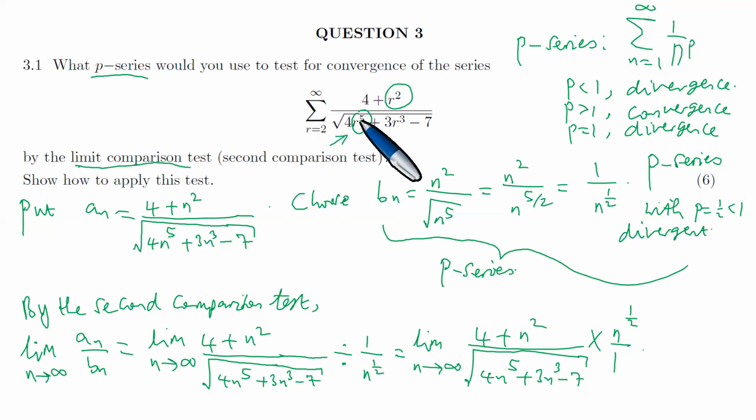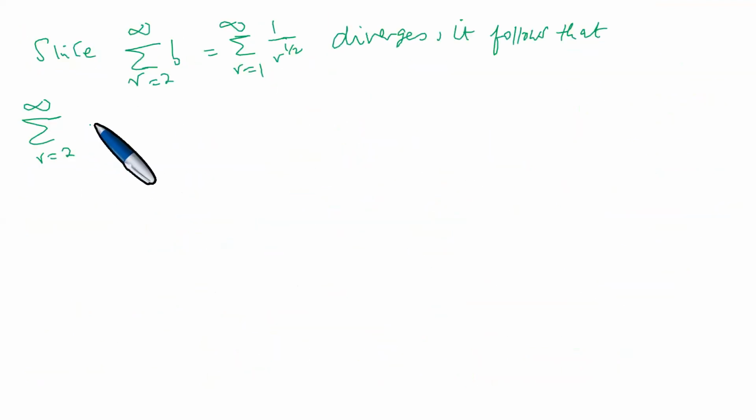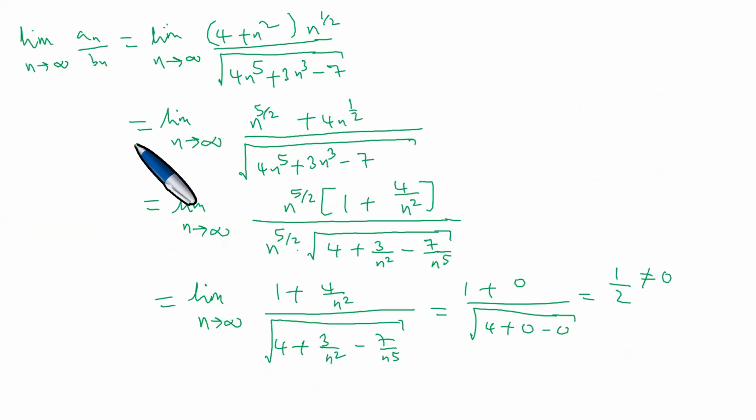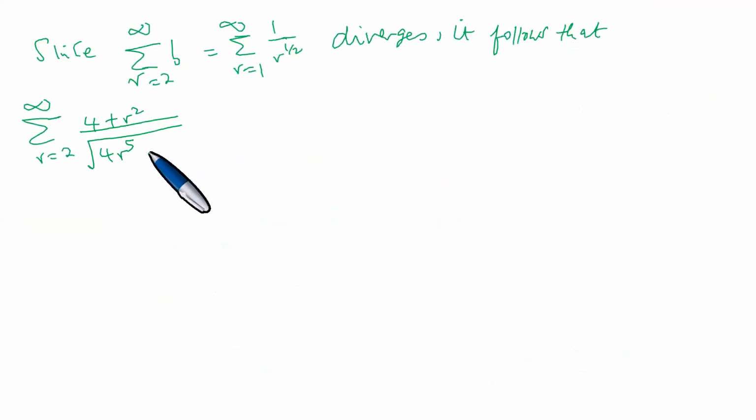Just copy this one, 4 plus r squared in the numerator, which is 4r to the 5th power, 3r cubed, minus 7. Since this one diverges, it follows that this one diverges.